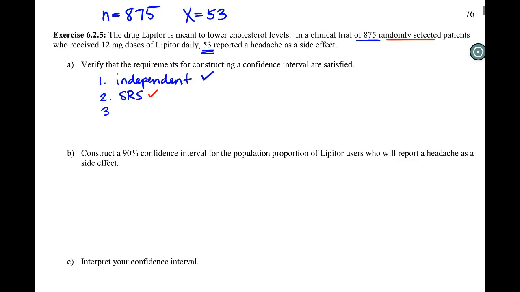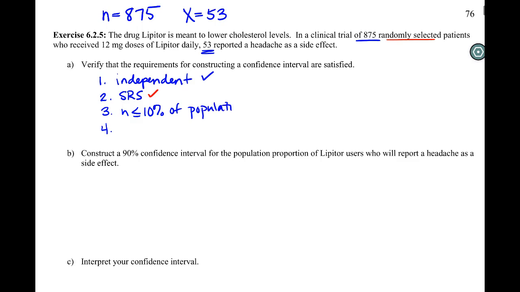Steps 3 and 4 are usually the 2 where we might actually have to do a little bit of math or do something to check, as opposed to 1 and 2. So requirement number 3 was that my N is no more than 10% of the population size.